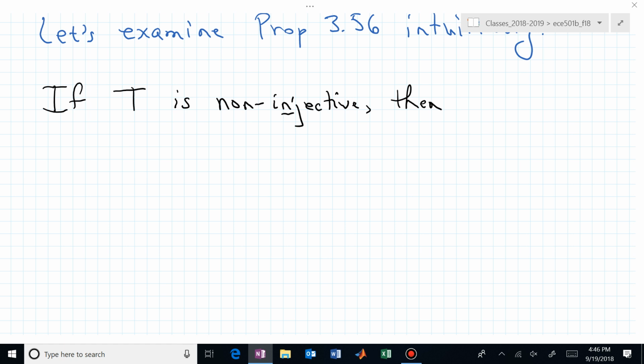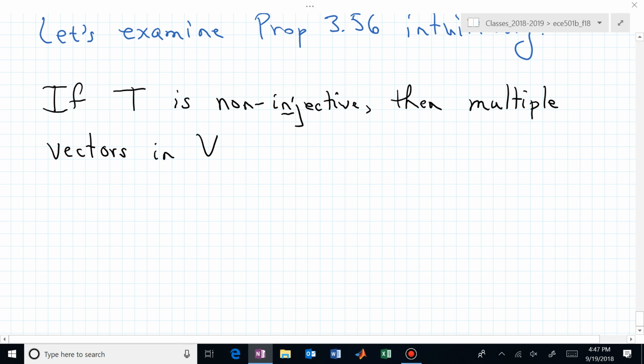So, if T is non-injective, then multiple vectors in the input vector space V map to the same vector in W.